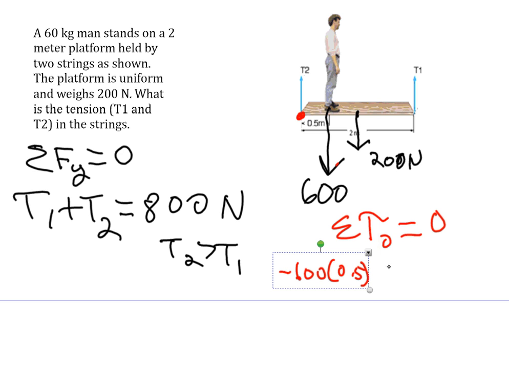The torque exerted by the 200 newton force will be minus 200 times 1, because it's right in the middle and the total plank is 2 meters.